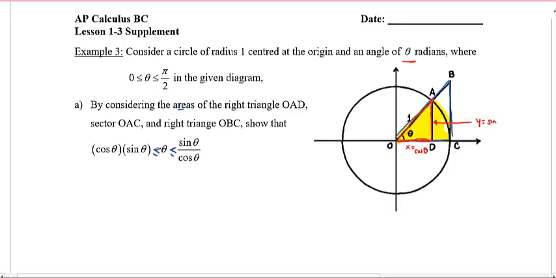Hope you remember, this is like the opposite side. Yeah, sine theta. So if I think about the area of triangle OAD, it's 1/2 times the base, which is cosine theta, times the height, sine theta. Look at that, cosine theta, sine theta. Okay, well, we know that's smaller than or equal to that slice of pie.